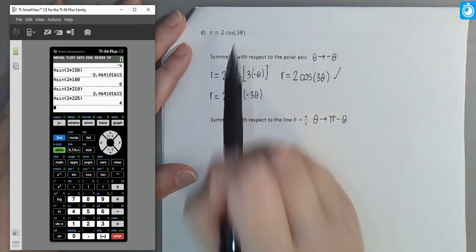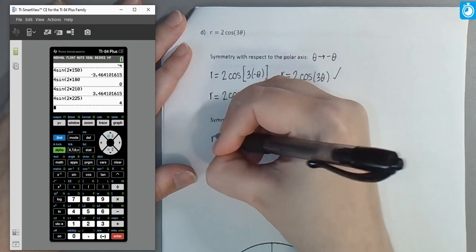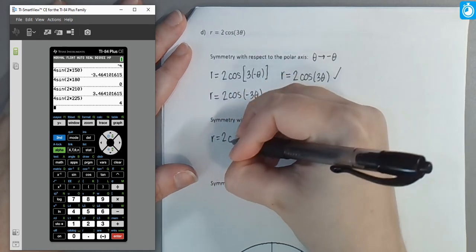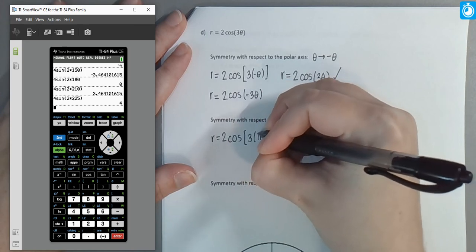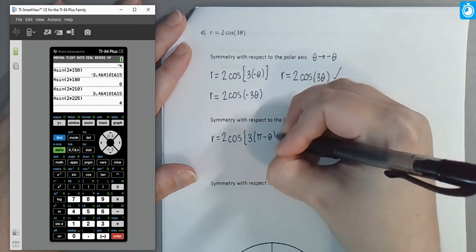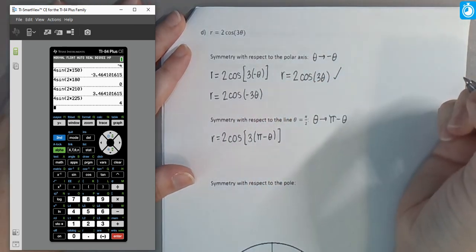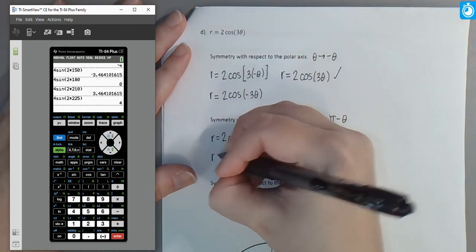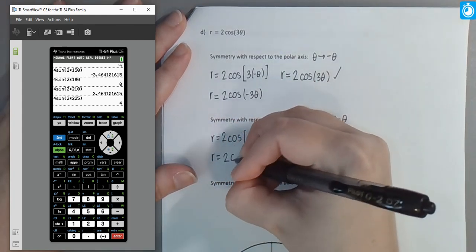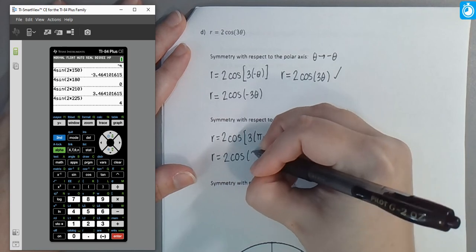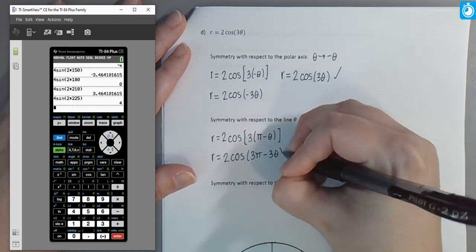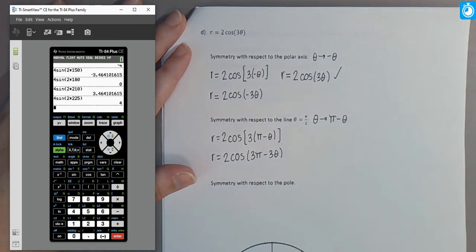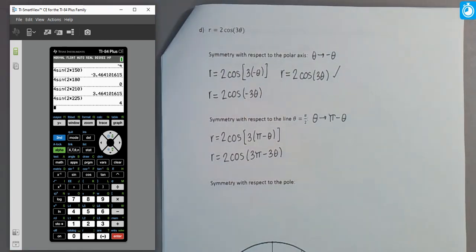So 2 times the cosine of 3 times pi minus theta. That's going to be r is equal to 2 times the cosine of 3 pi minus 3 theta. Now, unfortunately, the shortcut we used with the previous example, let's go back and look at that for a moment.